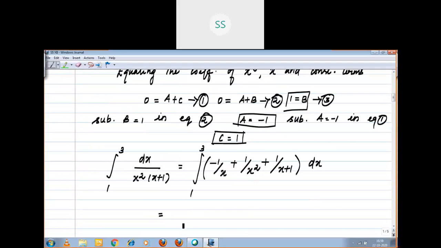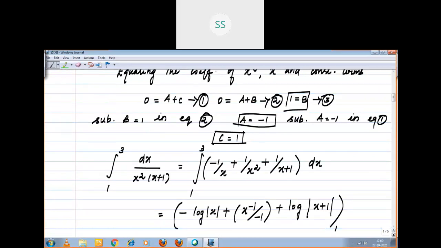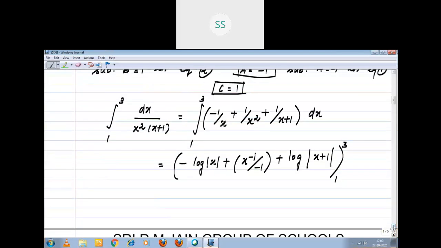What is the integration of dx by x? Log x. So minus log of modulus x plus, here you shift x power 2 to the numerator, so we arrive at x power minus 1 divided by minus 1, plus log of modulus x plus 1, limit 1 to 3. That is upper limit 3, lower limit 1.